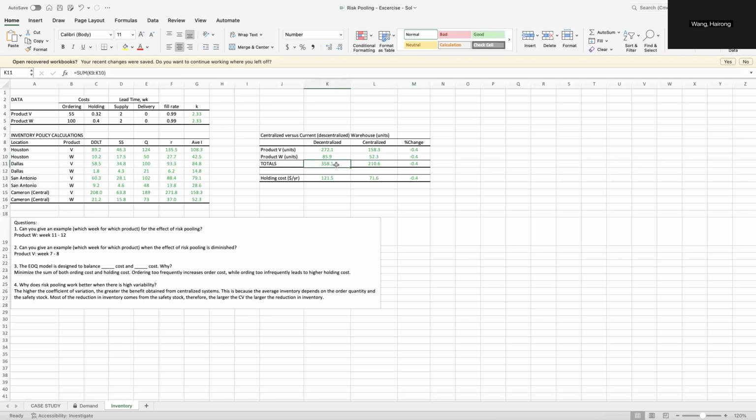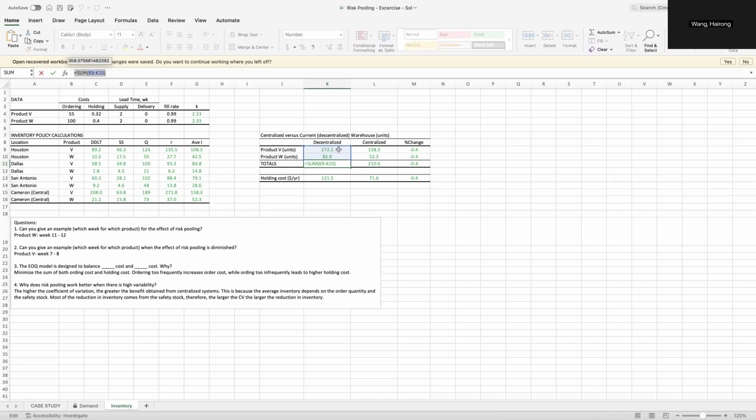Lastly, we need to calculate the total change for 2 products, right? So for two products, firstly for decentralized, we need to calculate the average inventory for 2 products, and for all 3 locations, right?